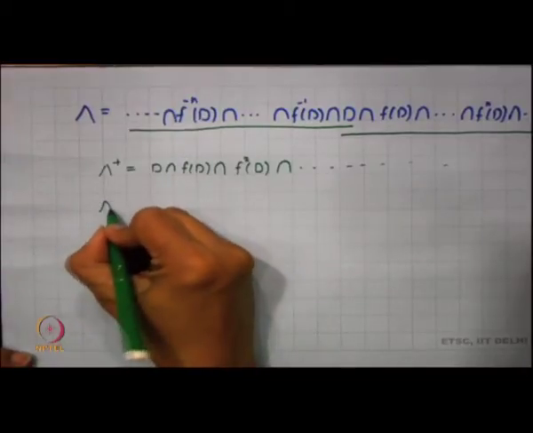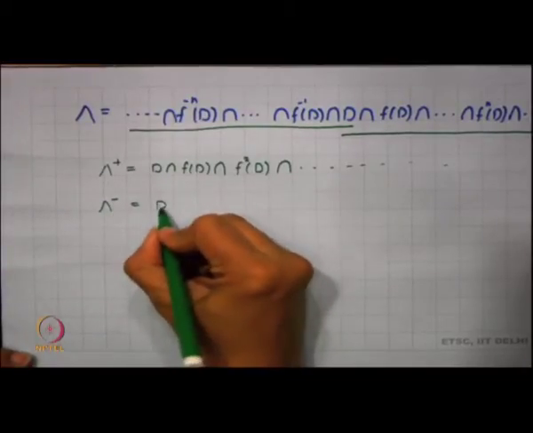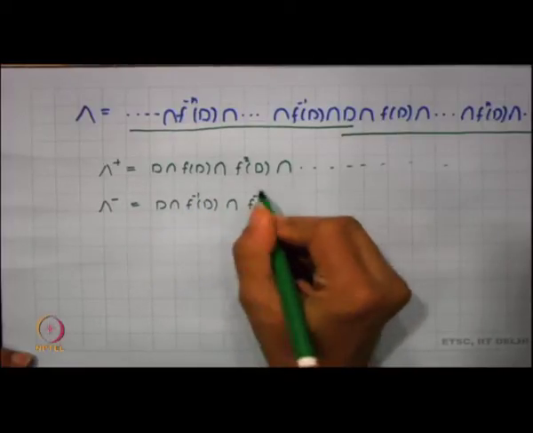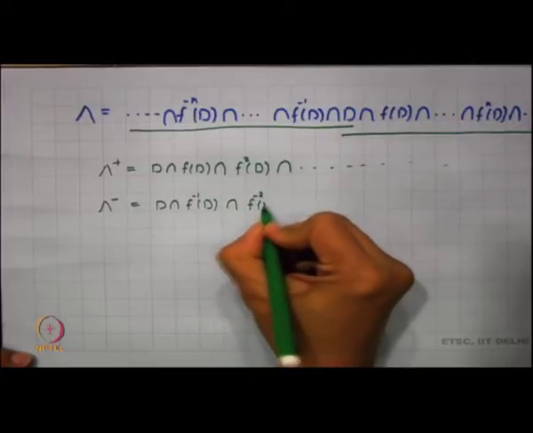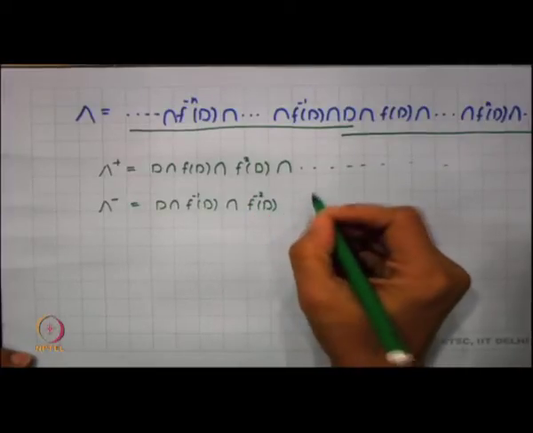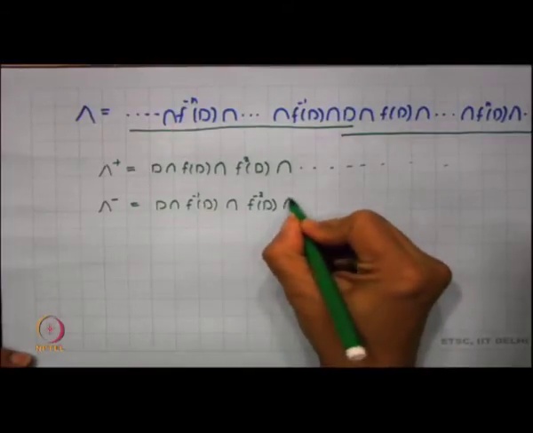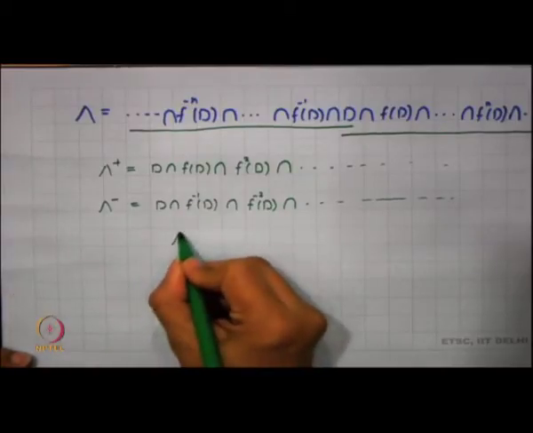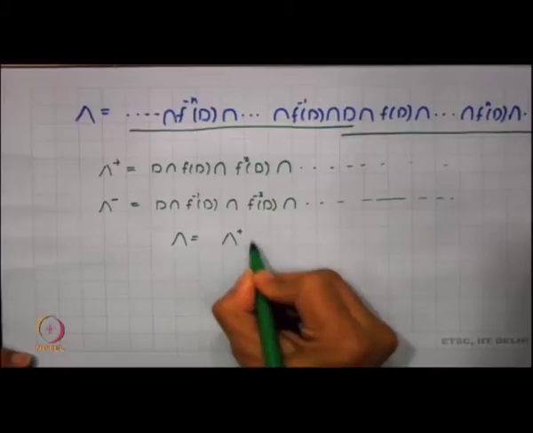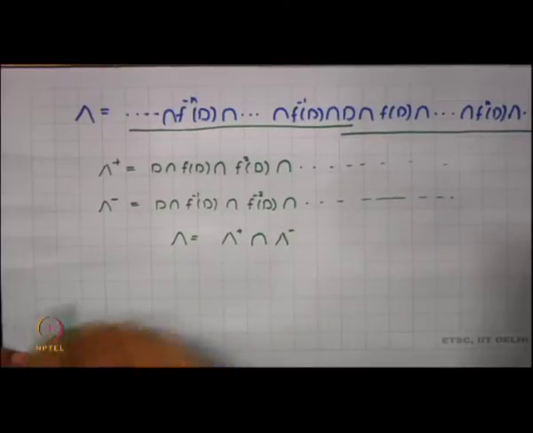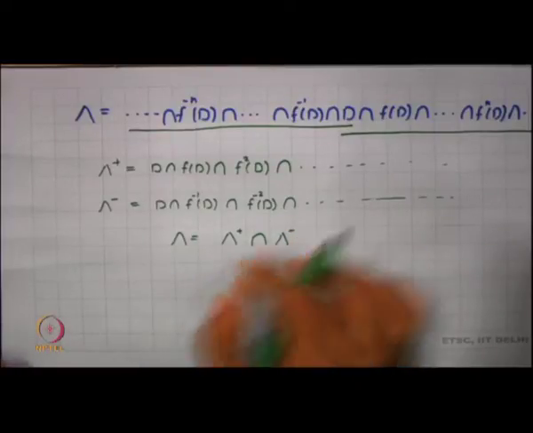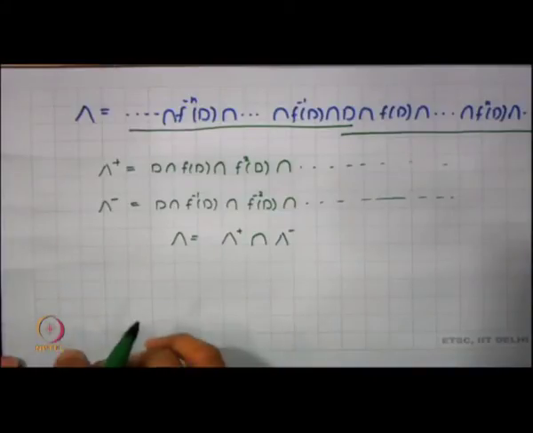So, looking into the positive iterates, we again have lambda minus, which is D intersection f inverse of D, intersection f minus 2 of D, and so on. And then we know that our lambda is nothing but lambda plus intersect with lambda minus. So, we can think in this particular aspect and it will be easier for us to make this kind of geometrical construction.